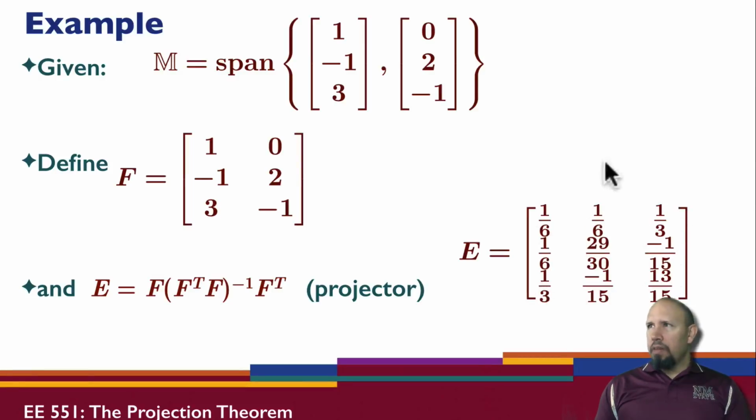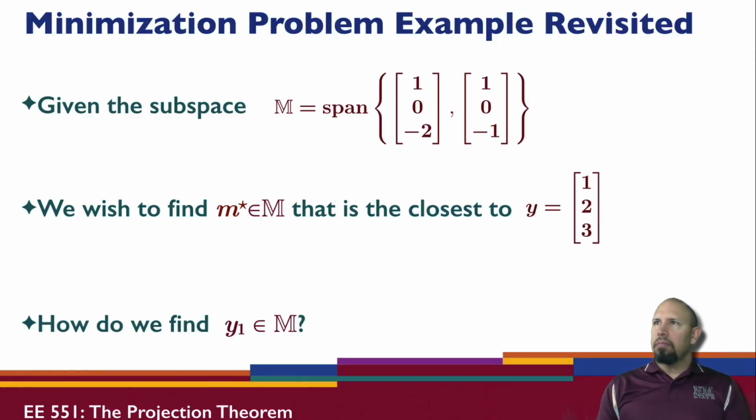It may not be obvious, but you can see that it's symmetric, that the off-diagonal elements are symmetric, and you can go through and show that if you multiply E by itself, you get itself back. And so this would be the projector onto that subspace for this particular problem.